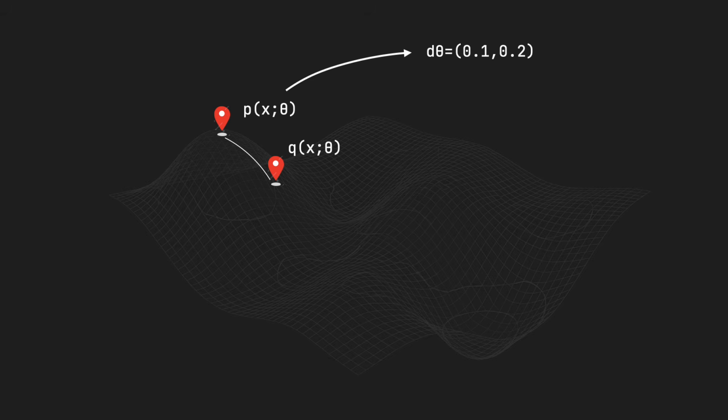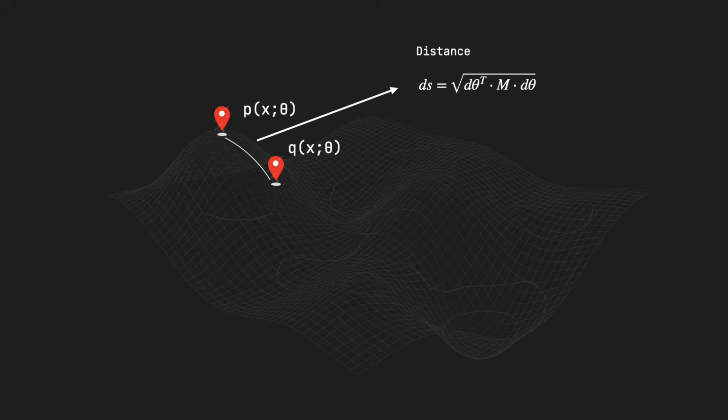Suppose there was a change in your parameters in your training by this amount. Now you could ask how sensitive or insensitive your parameters became. This gets into the idea of how to calculate distance in this manifold. As we're training, how do we calculate the distance from P to Q? There are different ways to do it, and all the different ways give you a richer picture of what's happening.